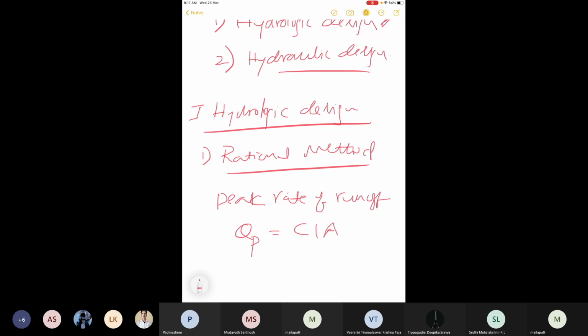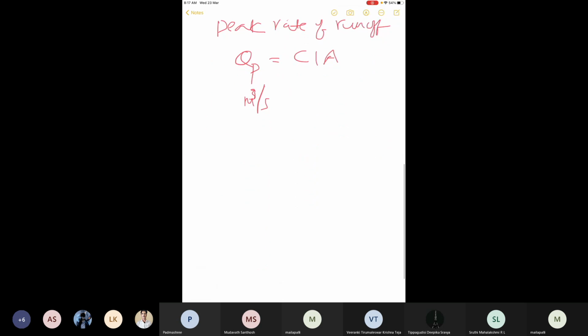A. Okay, CIA. Where QP is the peak flow rate, that is meter cube per second, and C is the runoff coefficient. The C values are available in tables, based on a particular surface characteristic and soil type.